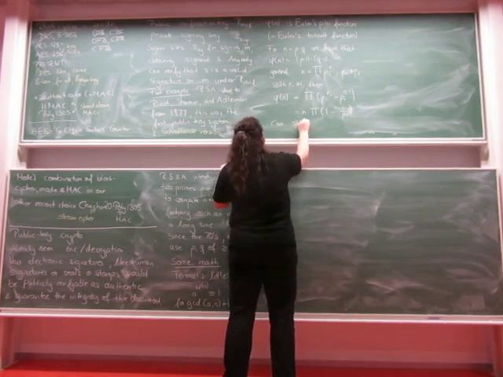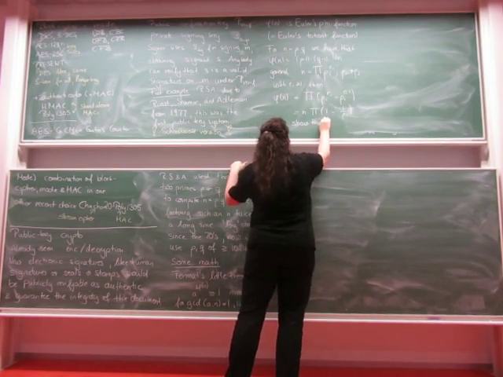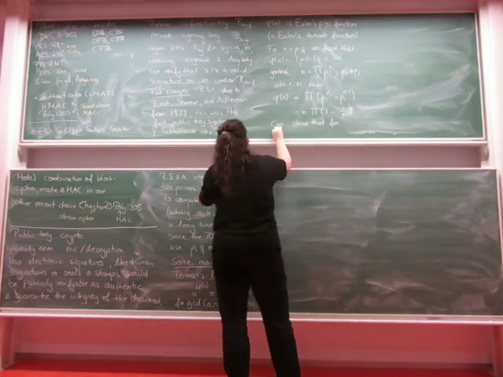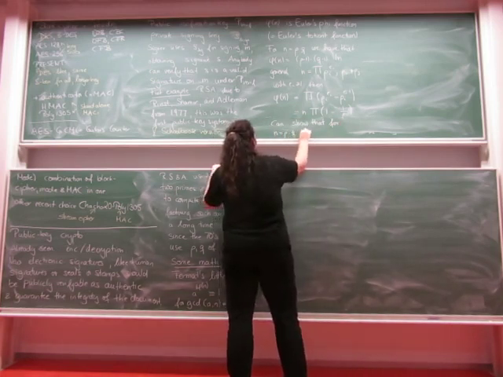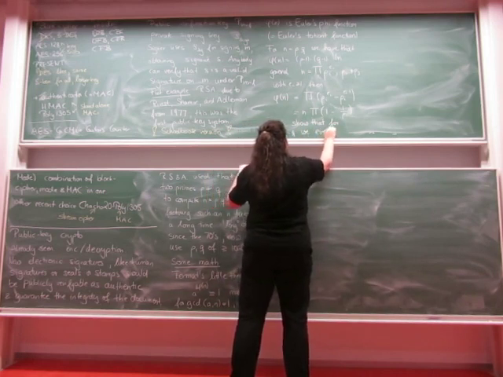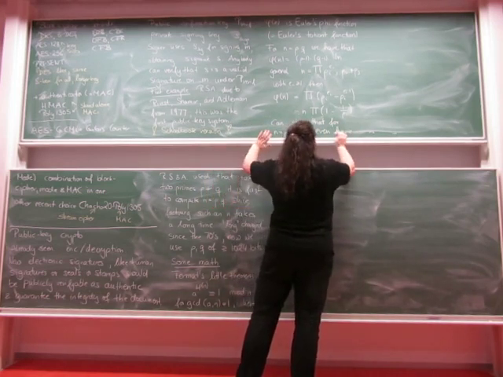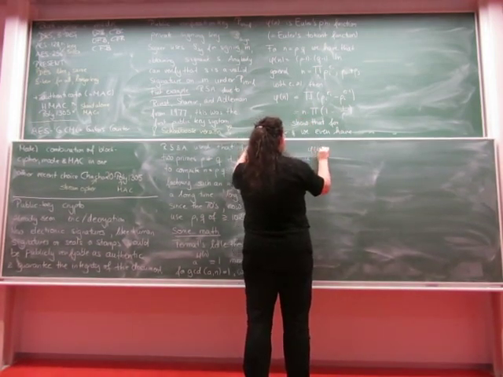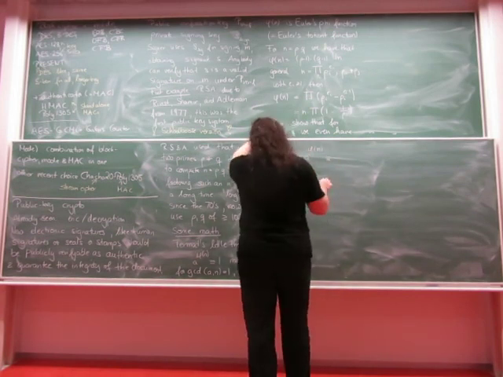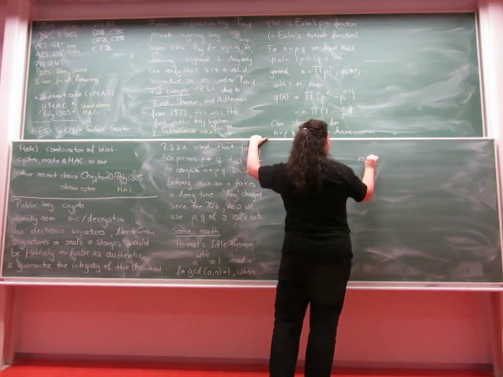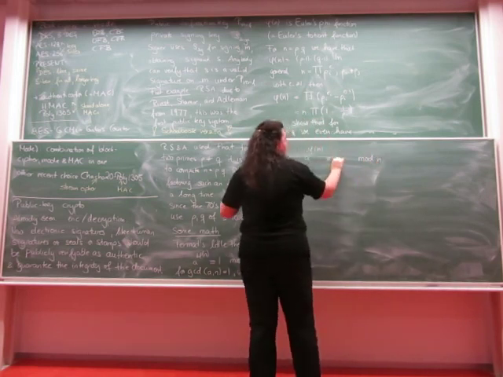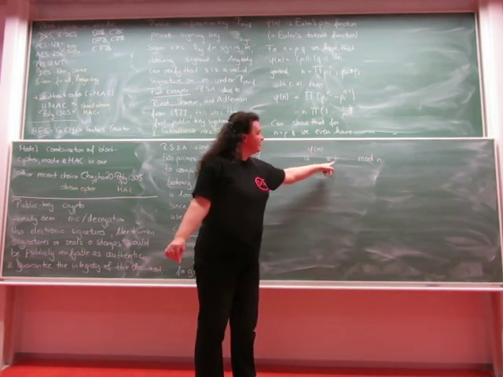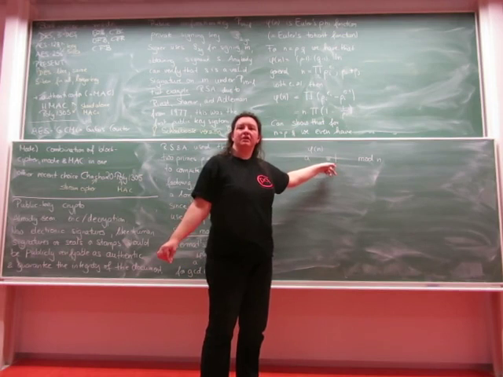So one can show that for n equals p times q, if you take any a to the phi of n and we're computing mod n, getting the 1 here requires that the GCD is 1.